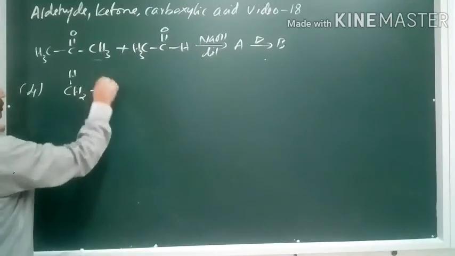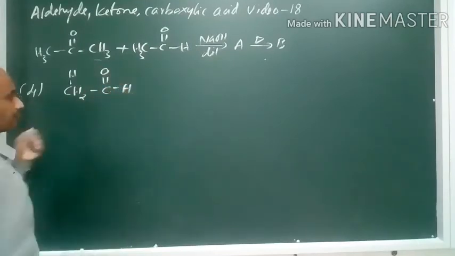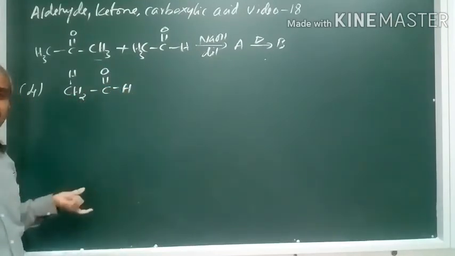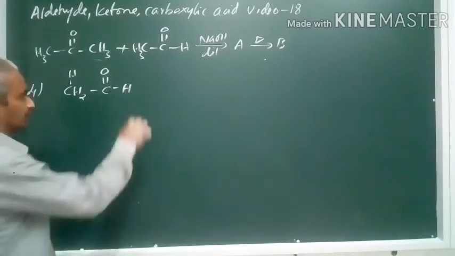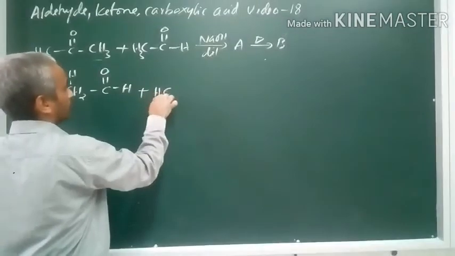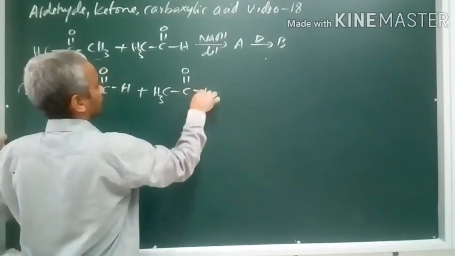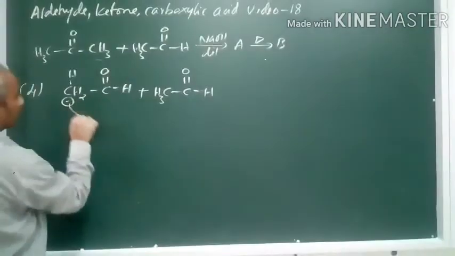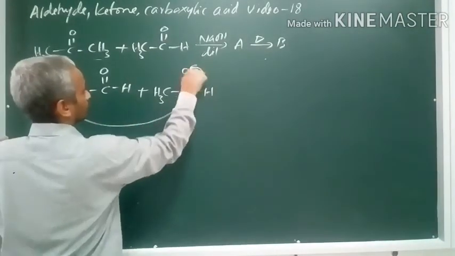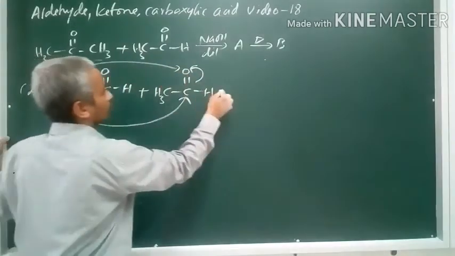Last product, CH2H CHO. This acetaldehyde can go for simple aldol condensation. So what am I going to get?